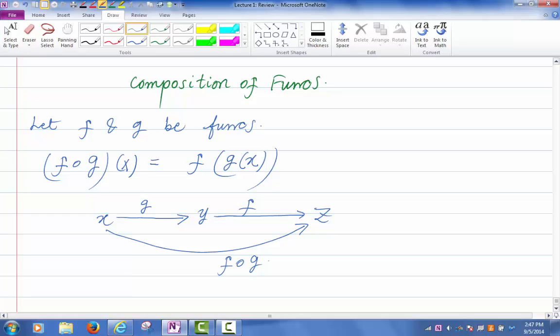So whenever you have a composition, the function g of x here is called the inner function of the composition, and the function f is called the outer function. Sometimes people would say inside function, outside function of the composition. Okay, is that clear? So let's do an example.